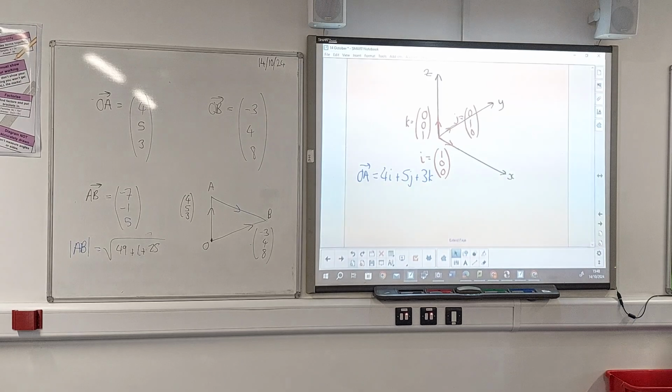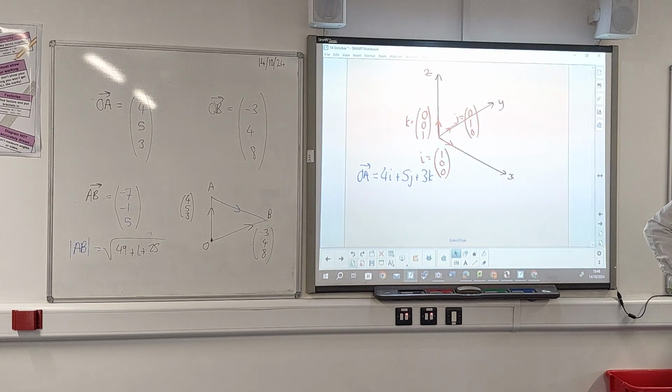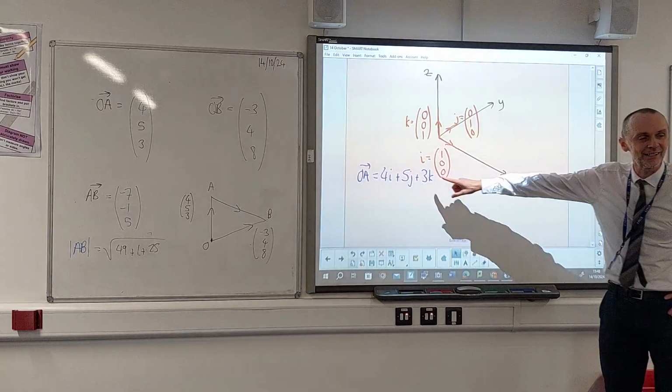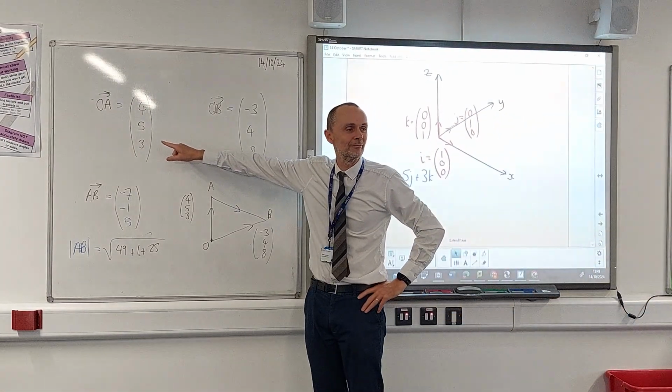Now, can anyone give a punt at why the I, J, K notation is used rather than just using the columns? Make a bigger matrix. It's not that. Well, no, it's about word processing. It's much easier to type that in Word than it is to type that, isn't it?